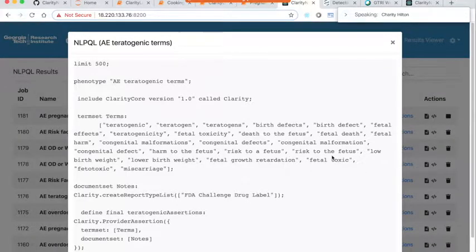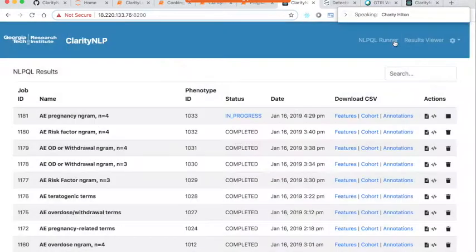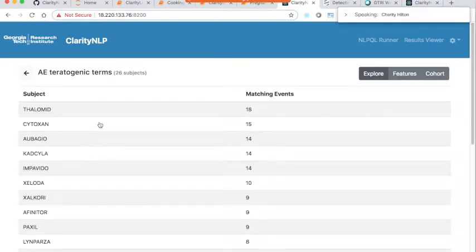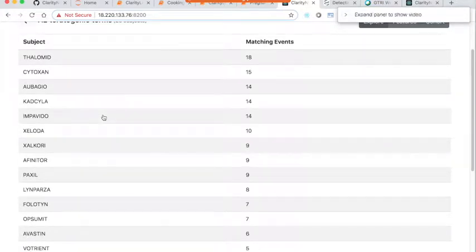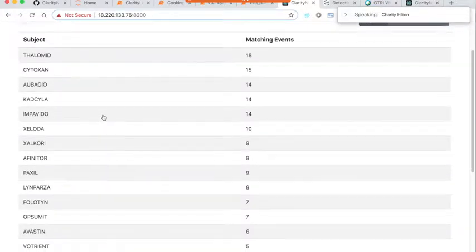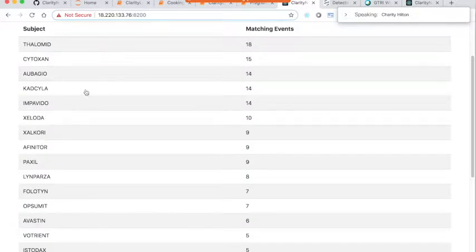Specifically, once I found all those pregnancy terms and I was able to find the results around that, I was able to dig into these terms, and I found additional information. So this is sort of what we expect. In this case, drugs that have a high risk of causing birth defects, we see thalidomide at the top.